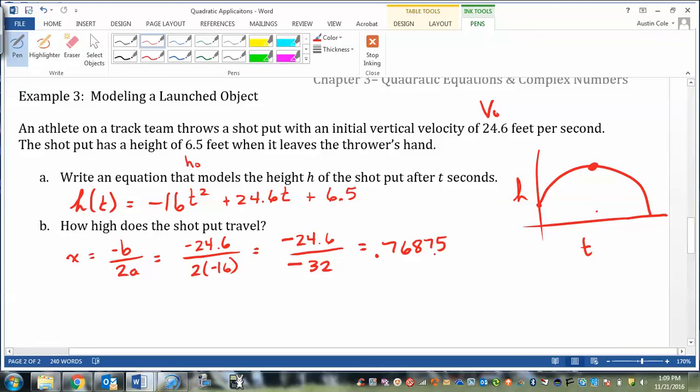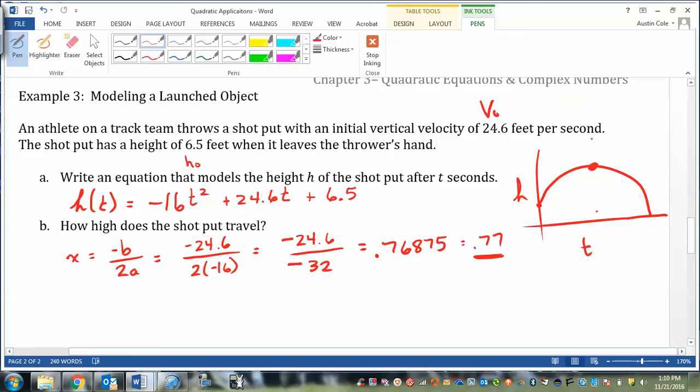Okay, so what should we call this? I don't want to use that whole number. Let's just call it 0.77. So what does this mean? What is this number? Tyler said it's the axis of symmetry, right?